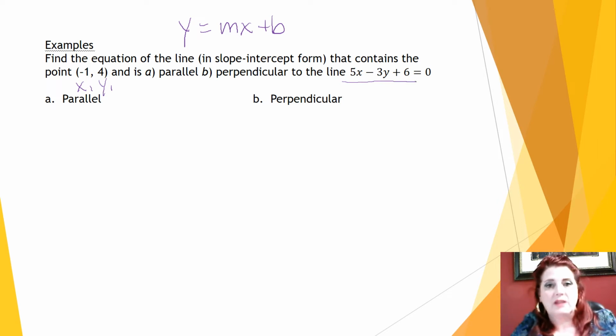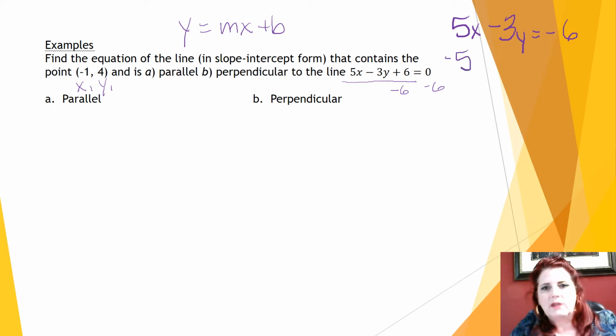So let's find the slope of this line. If I take 5x minus 3y plus 6, first thing I'm going to do is subtract 6. I'm going to get it into that slope-intercept form. So I'm going to have 5x minus 3y equals -6. And I'm going to subtract 5x from each side.